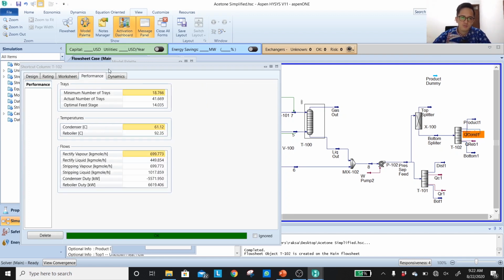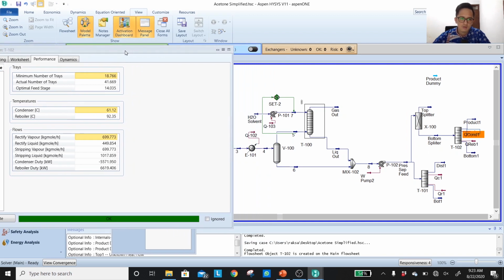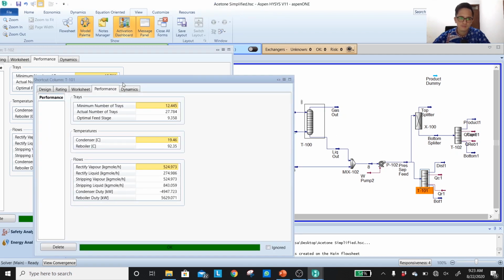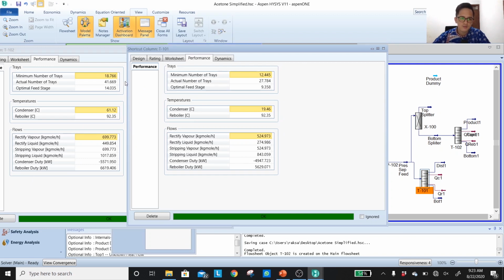Then check the performance, and I will put it side by side with the previous column. You will notice that after we separate the hydrogen, now we need more trays.